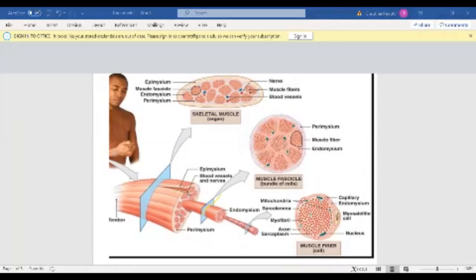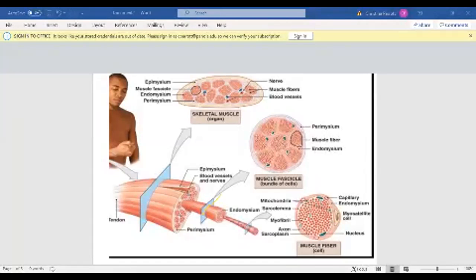So again, from superficial to deep, you would have epimysium, then you would hit the perimysium, then you would hit the fascicle, then you would hit the endomysium, then you would hit the muscle fiber, then you would hit the myofibril, okay?